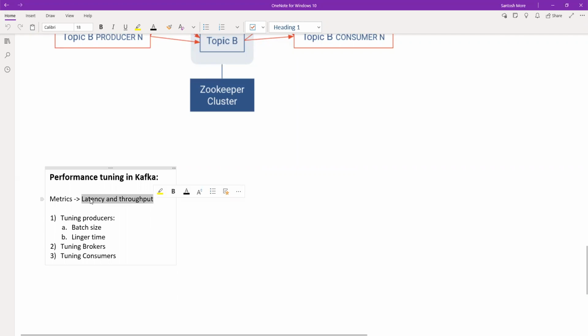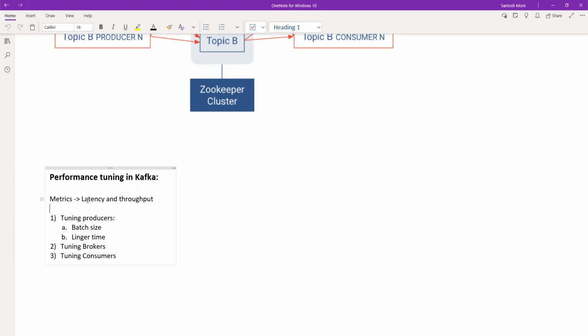Because what is important in Kafka? One is the latency of the messages, and the other is the throughput. So you should have low latency and high throughput, and that is what Kafka maintains. Still, it can be configurable, because it depends on how your application is.